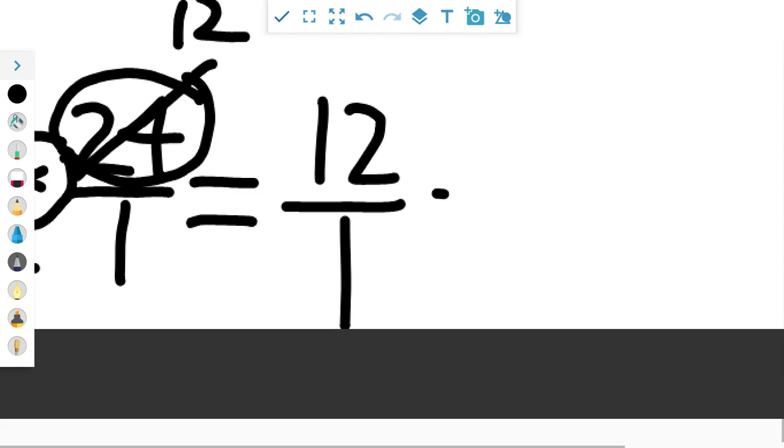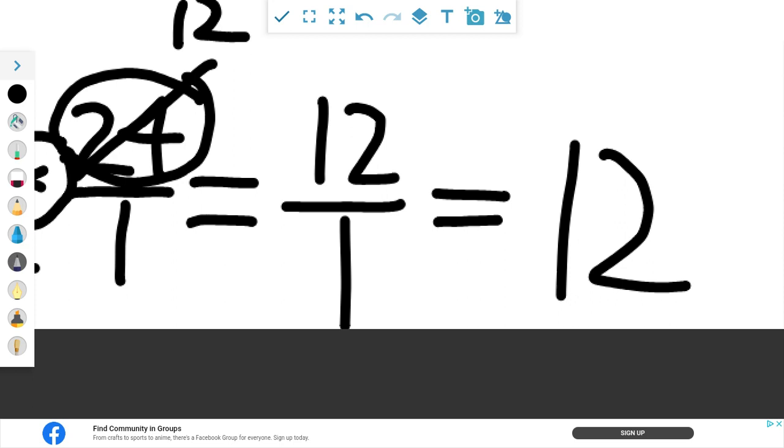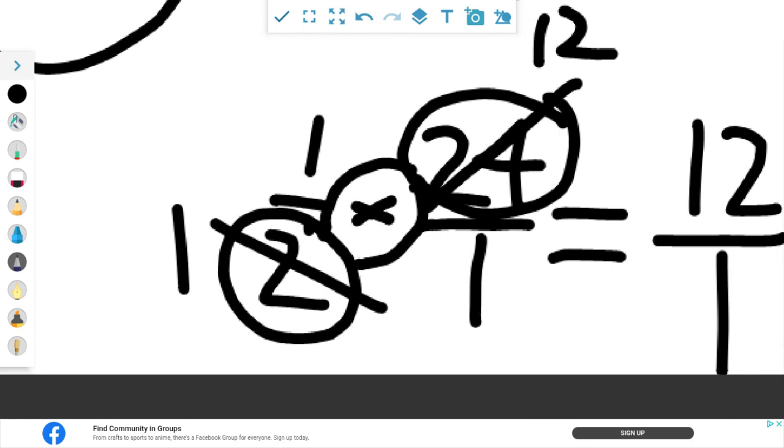This would still mean 12 because, like we saw with the 24, when you see a 1 here, that means the numerator would become the number version of the answer. The other example of doing this is multiplying like this.